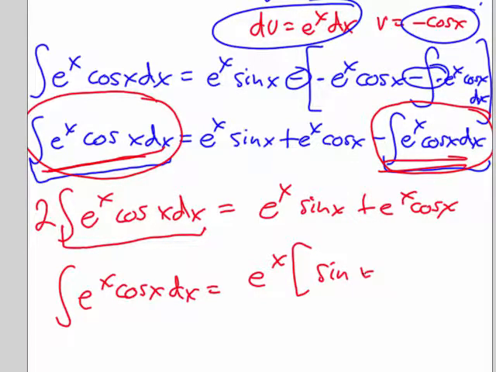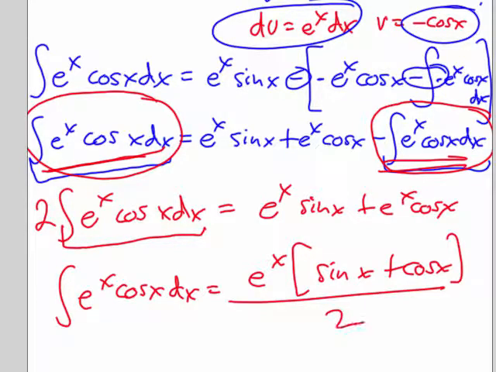Sine x plus cosine x all divided by 2 plus a constant of integration.